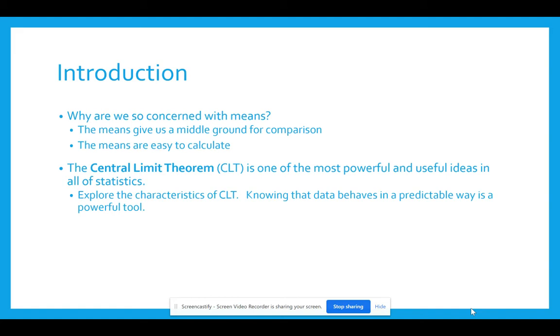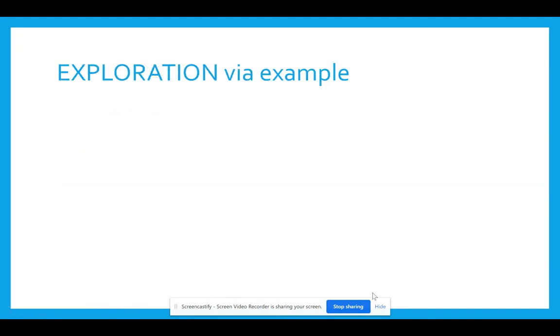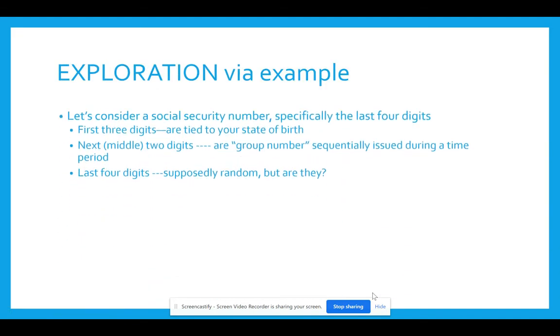I want us to explore together the characteristics of the central limit theorem, because knowing that the data is going to behave in a predictable way is going to be very useful to us. We're going to do that using an example.